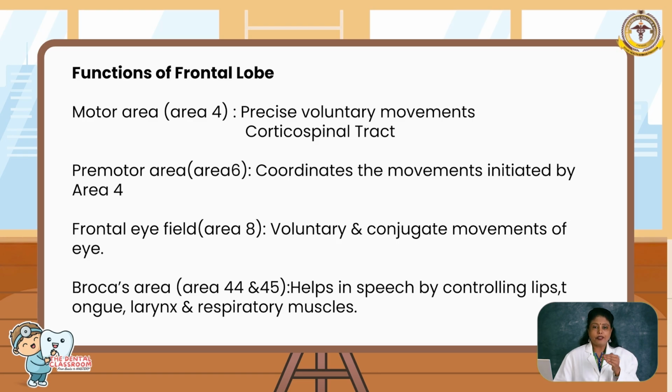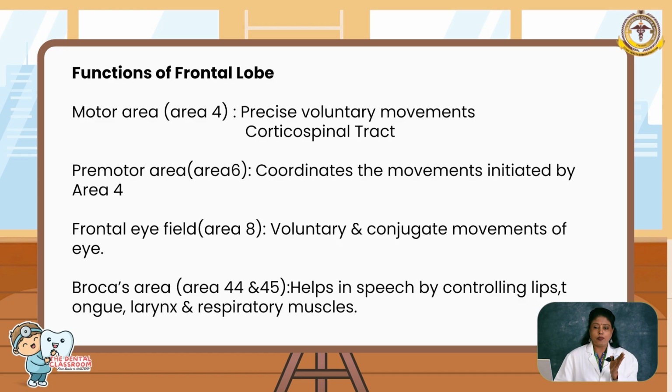Premotor area, which is in front of this motor area, that is also called as area 6, coordinates the movement which is initiated by the motor area. Then frontal eye field, that is area 8, is involved in the voluntary and conjugate eye movement according to our body movement.